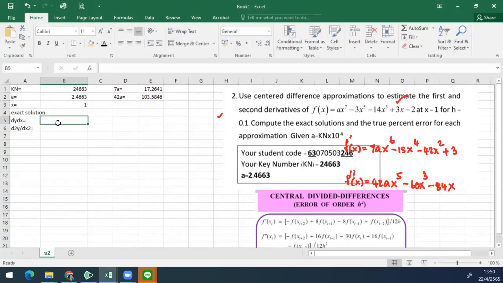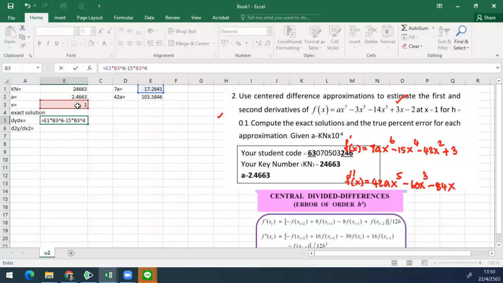So dy dx becomes 7a times x to the power 6, minus 15 times x to the power 4.